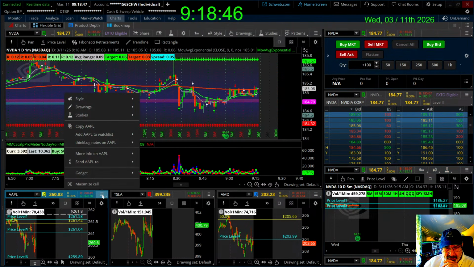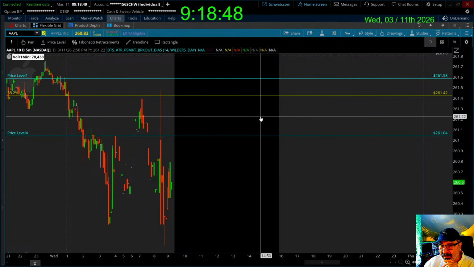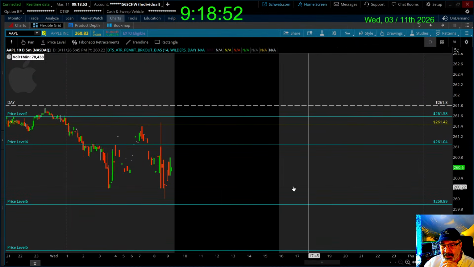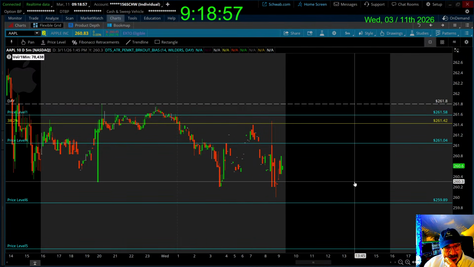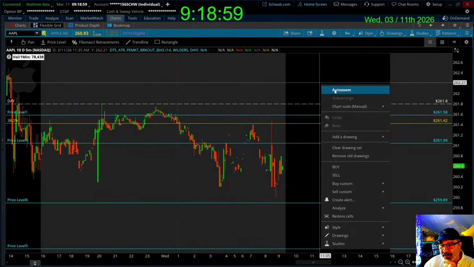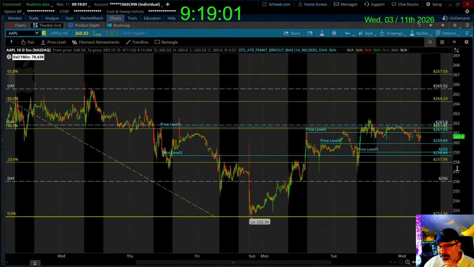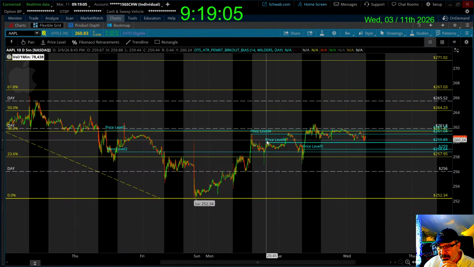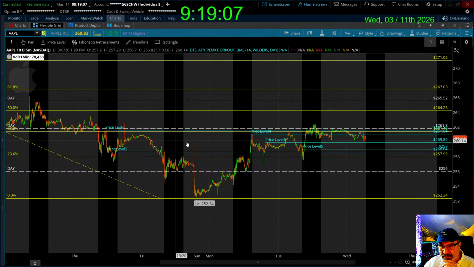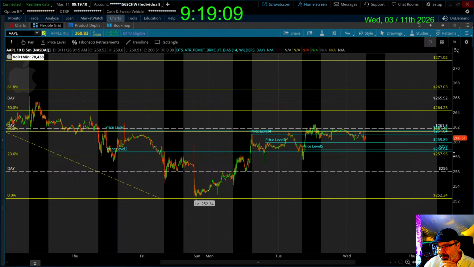Let's take a look at Apple. Apple should be going down today, they're saying. Wow, that is a really weird chart for Apple, huh? That is really weird, that kind of pre-market. It's usually pretty strong all the time. See, Apple's been having a lot of weird volume. So these levels seem pretty decent still. That's a day level right there.